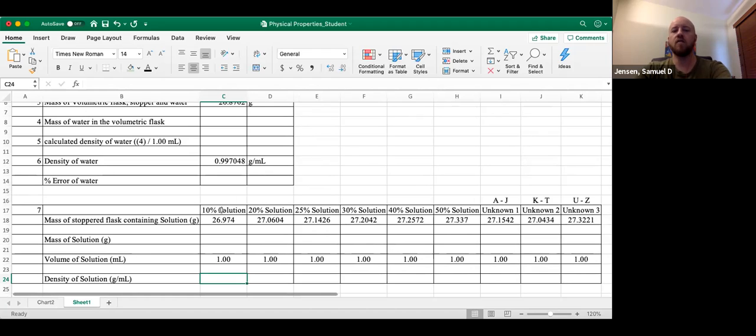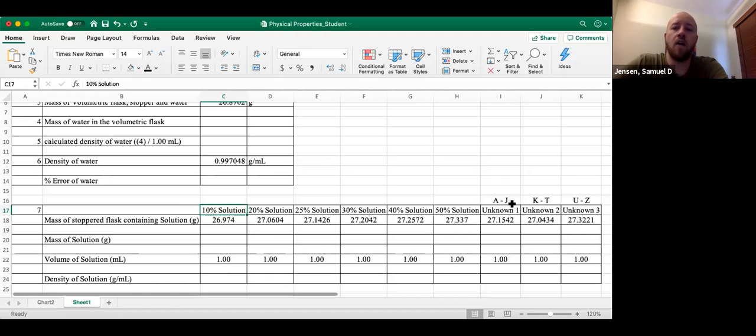So you would want to use 3 sig figs for your solutions, so your answer is essentially going to be out to 3 sig figs.